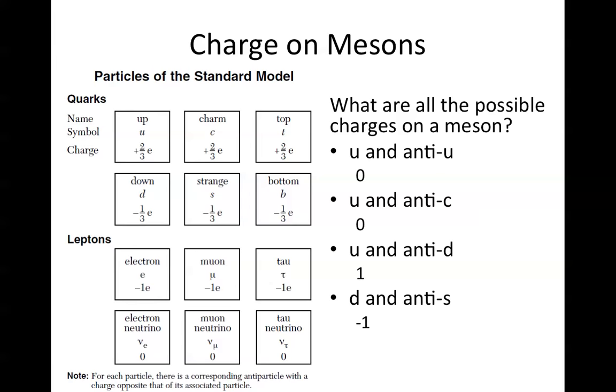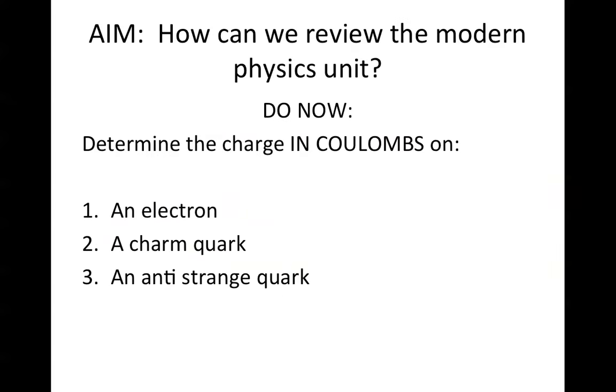So the important realization here, again, is that we only have whole number charges. You should, at this point, be able to calculate some basic charges and understand the results of Millikan's oil drop experiment. That's a review, and understand how this new chart has an impact on that. All right, that's tomorrow's lesson.